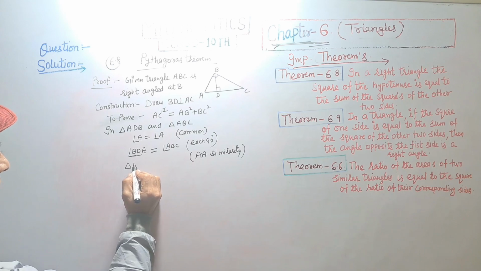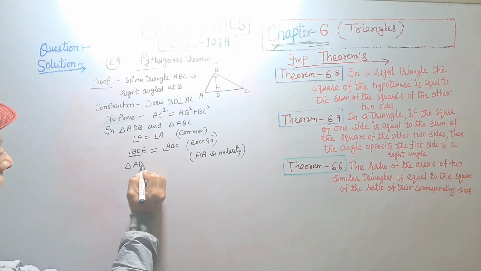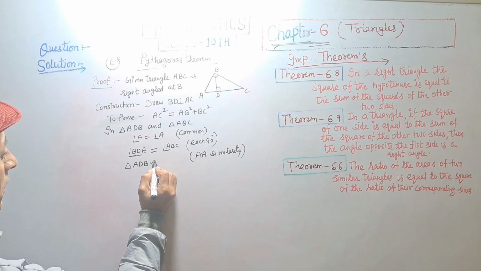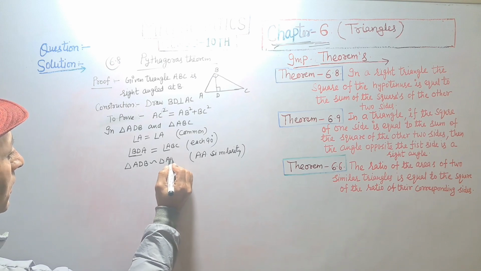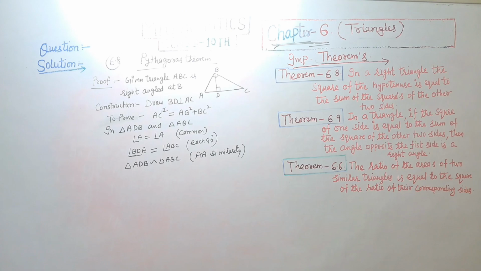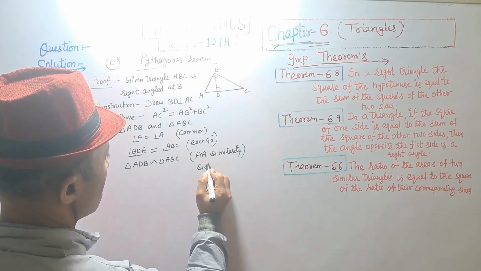triangle ADB is similar to triangle ABC, and sides are proportional.